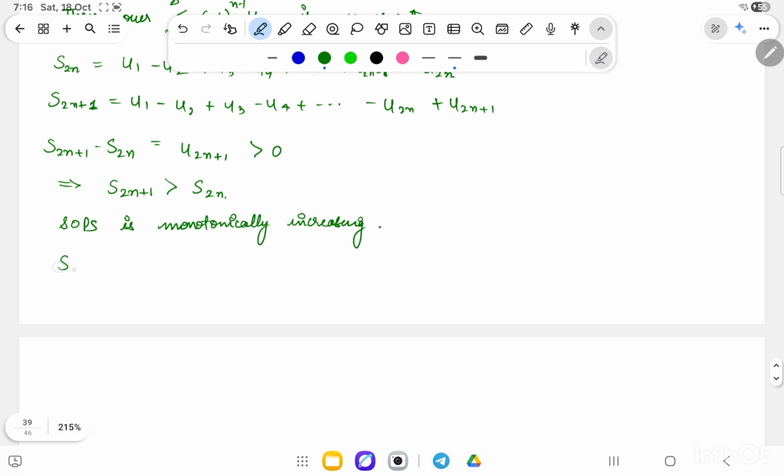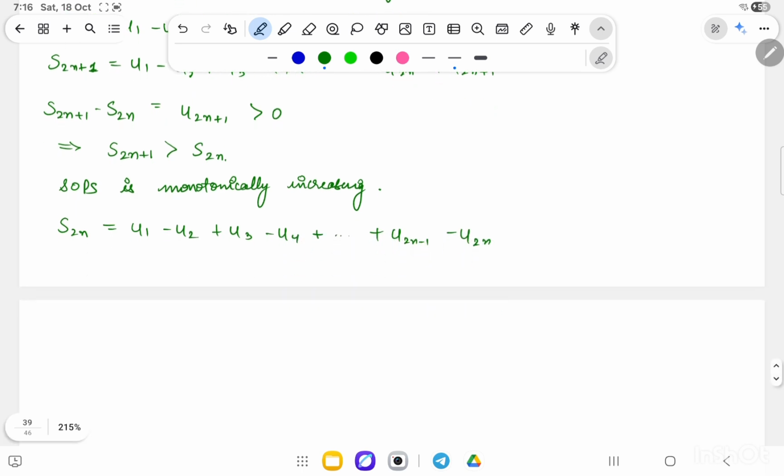Now again, if we calculate s2n, that will be u1 minus u2 plus u3 minus u4 up till u(2n-1) minus u2n. Can I write it like this? u1 minus, I'm just pulling out the minus sign from all the terms, so it will be u2 minus u3 plus u4 minus u5 plus so on, minus u(2n-1) plus u2n.